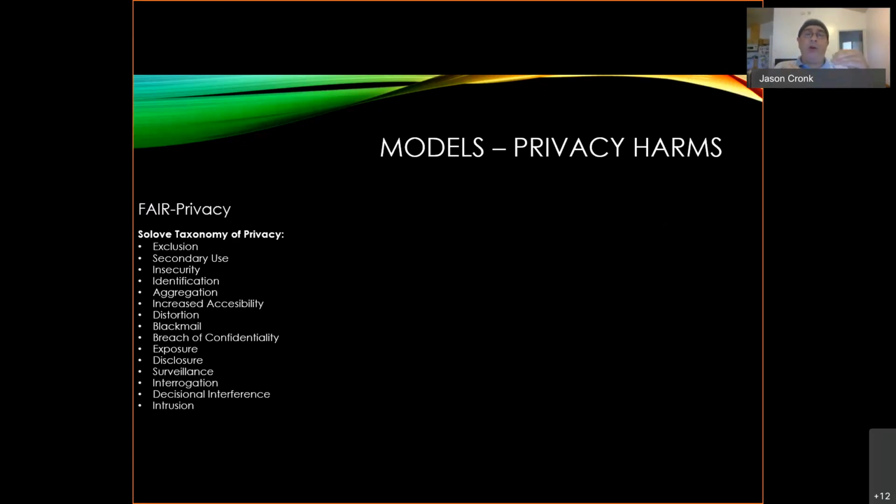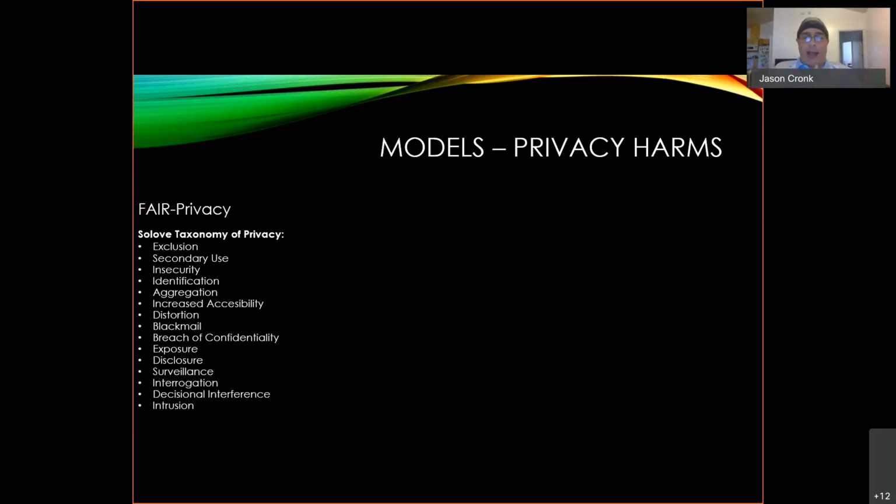And we use the Solove taxonomy of privacy, where Dan Solove, who's a professor of law at George Washington University, breaks privacy into four categories and ultimately 16 different privacy harms. Now, the actual FAIR privacy model is agnostic. You could use a different model of privacy norms.